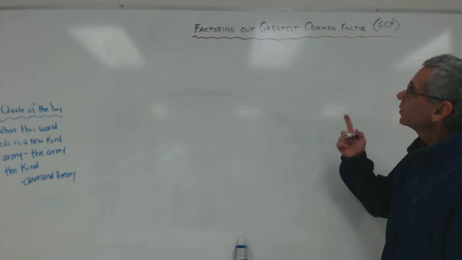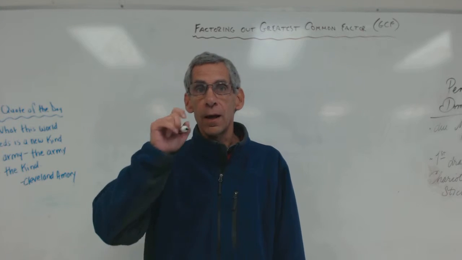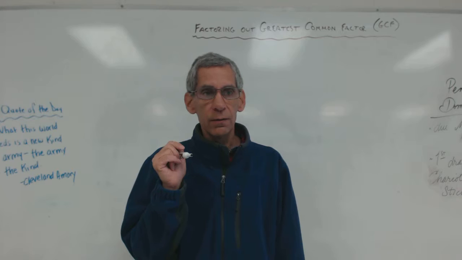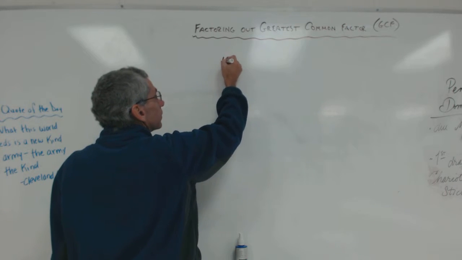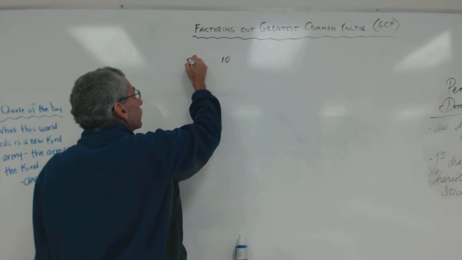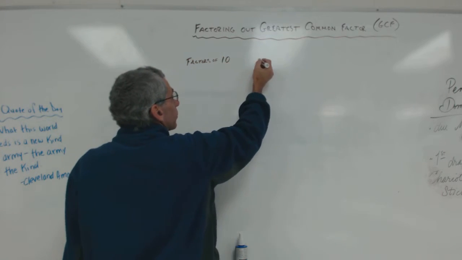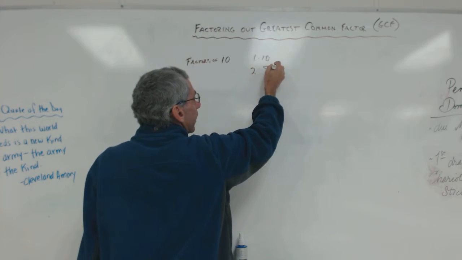Okay, we are going to talk about factoring out the greatest common factor. You guys remember what factors are? Like factors of 10. That would be 1 times 10, 2 times 5, and that's it, right?